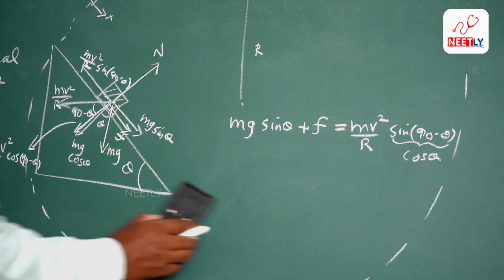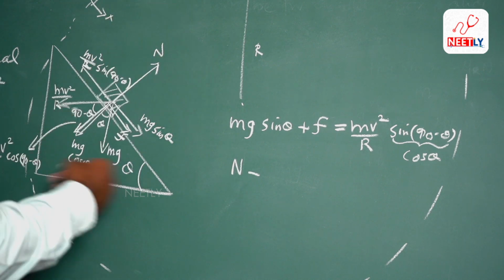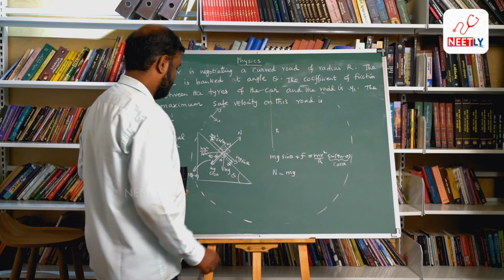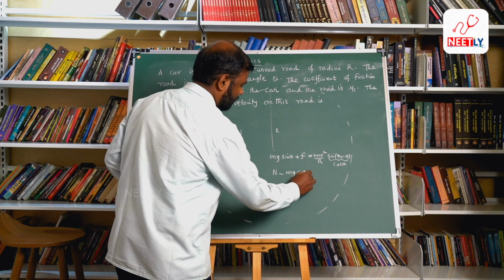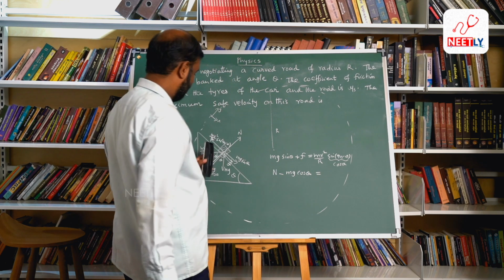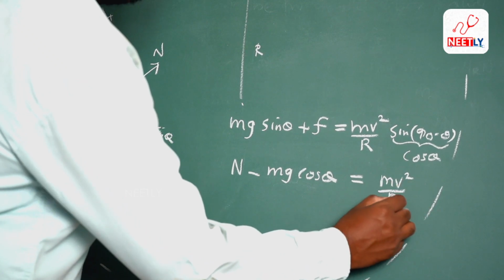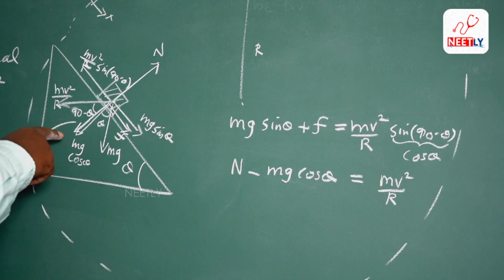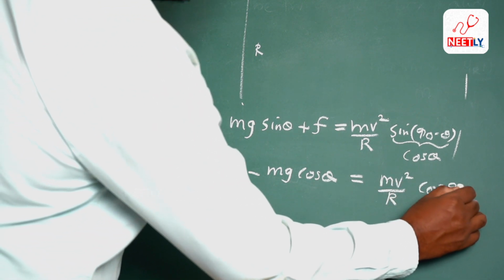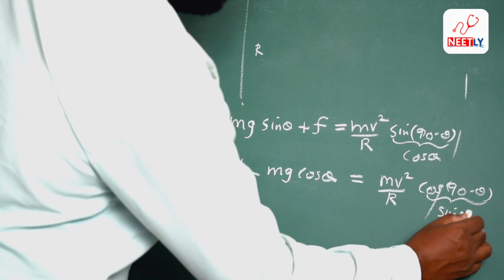I can write N minus mg cos theta, this is positive so that is negative, is equal to mv square by r cos 90 minus theta, and this is nothing but sin theta.